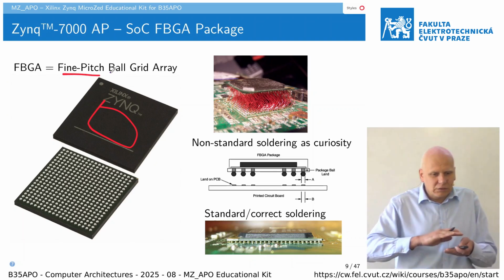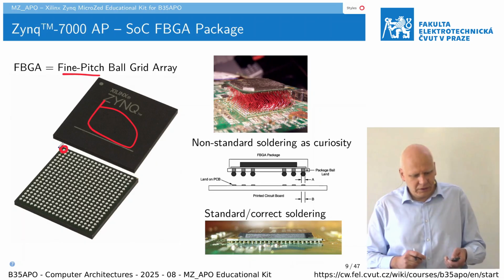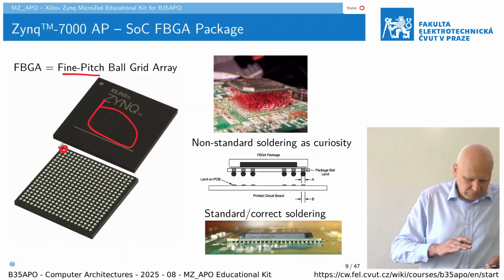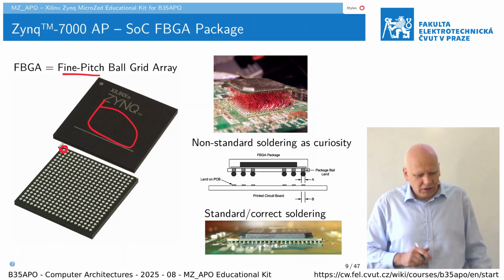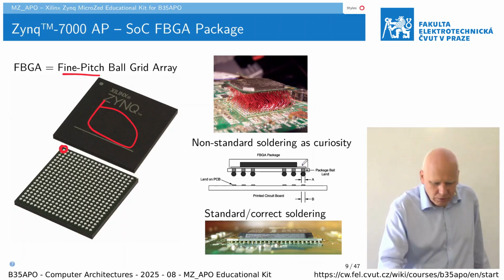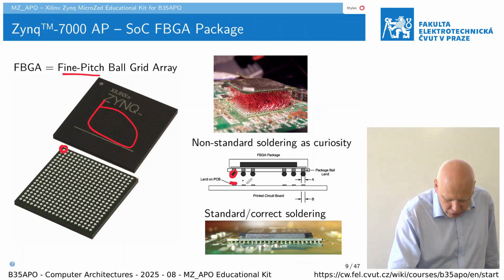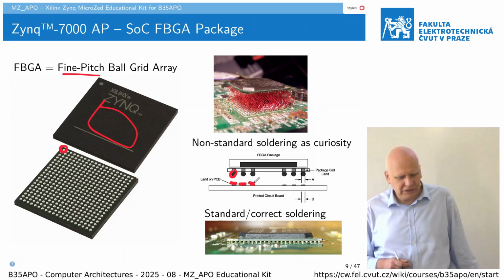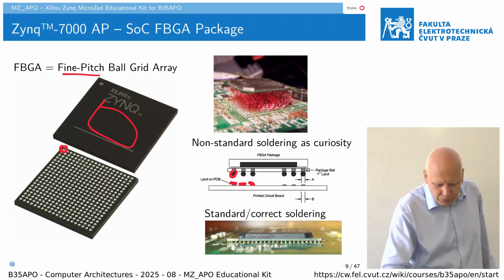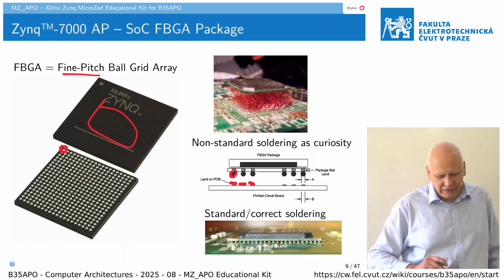So there are small balls of tin which somehow stick on the conductive pads, and when you place the chip with the balls onto the PCB, printed circuit board, with soldering paste and so on, then if you do a reflow heating, it is correctly soldered, the ball melts and it is connected.